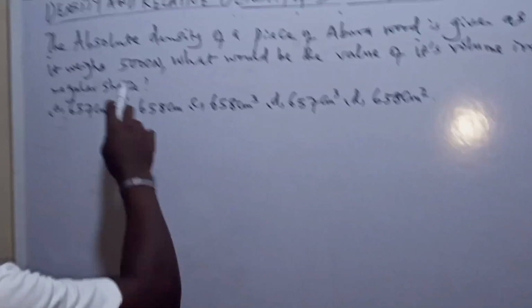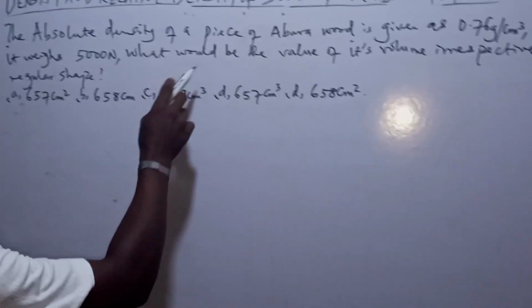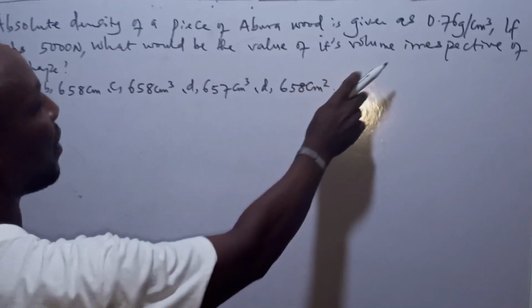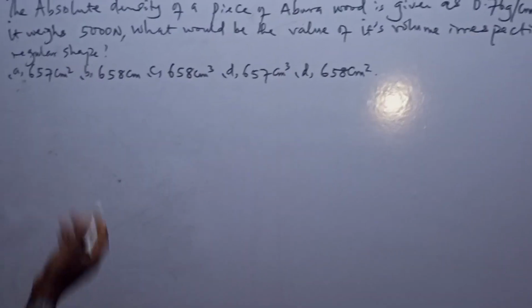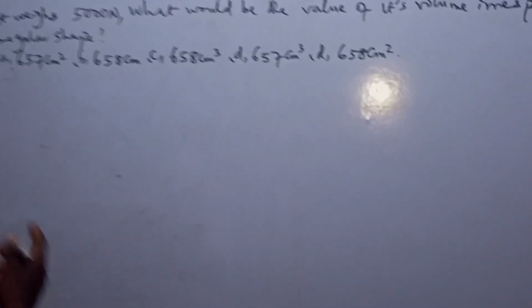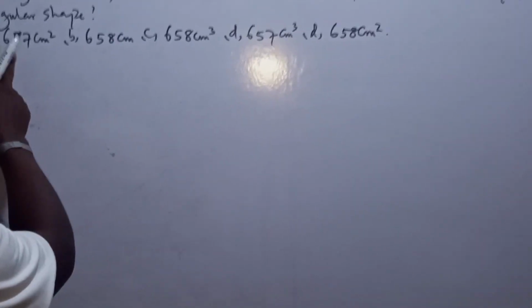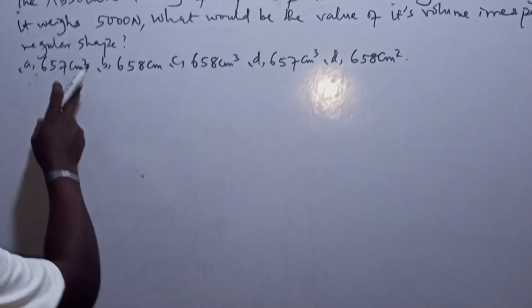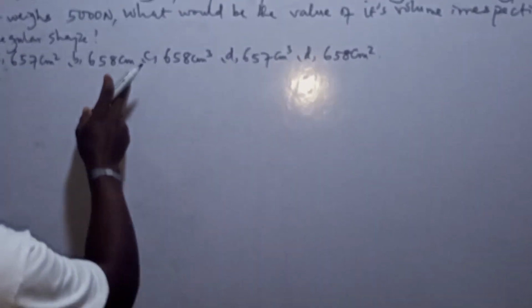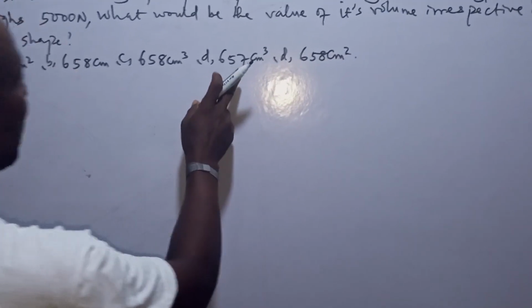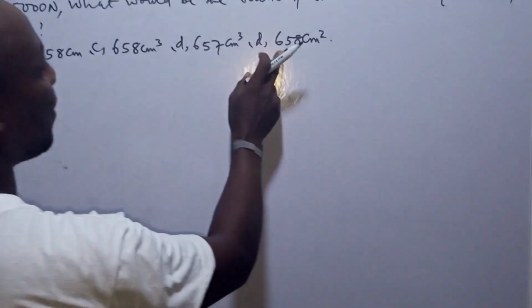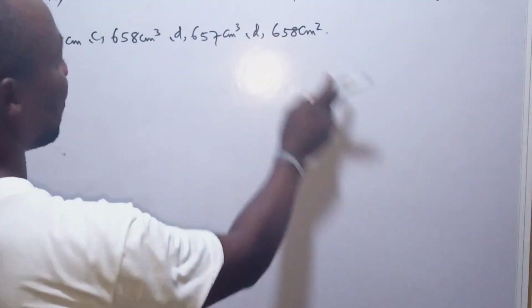If it weighs 500 Newton, what will be the value of its volume irrespective of regular shape? It's an objective question. We have here A, 657 cm square, B, 658 cm, C, 658 cm cube, D, 657 cm cube, and E, 658 cm square.